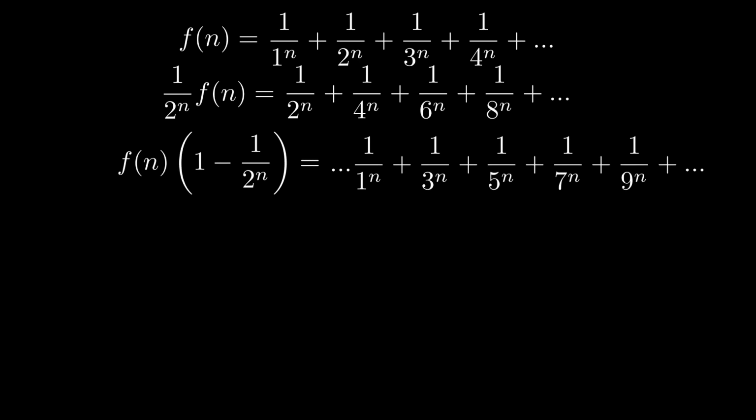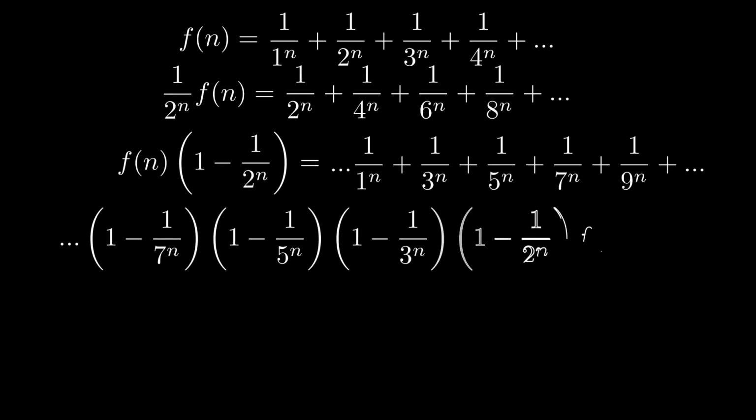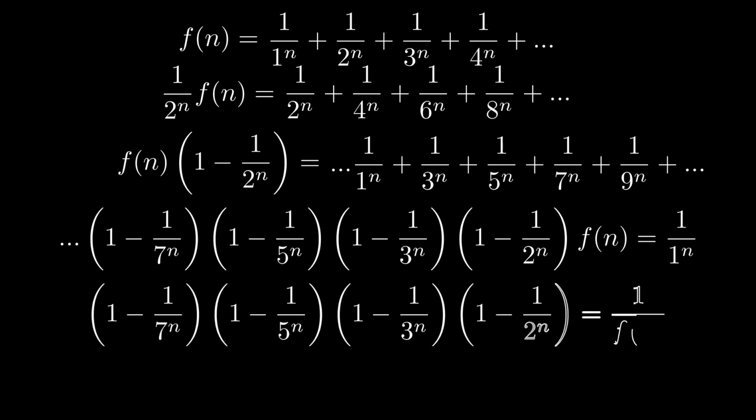Now, if we multiply both sides by the second term again and again, you can notice on the left-hand side we get the prime numbers in the exponents of the fractions, and on the right side we get our zeta function. So, if we can understand the right-hand side better, it'll give us crucial insights into prime numbers.